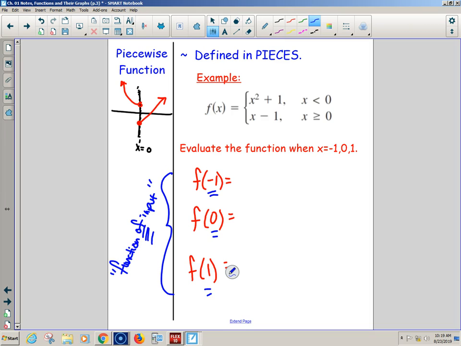But there are 2 different pieces, so which one? Both? No. Good guess. Whichever one it applies to. Dylan, what do you mean whichever one it applies to? I totally agree. -1 is lower than 0, so it goes on the top, because we're trying to figure out what is the f of x value when x equals -1.